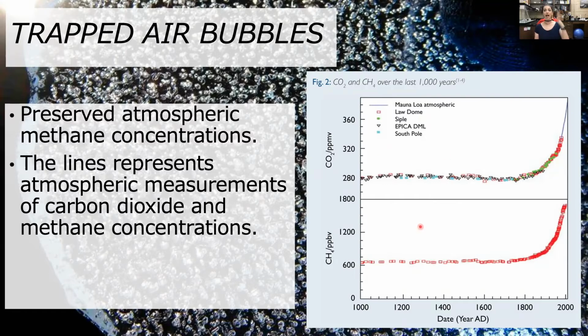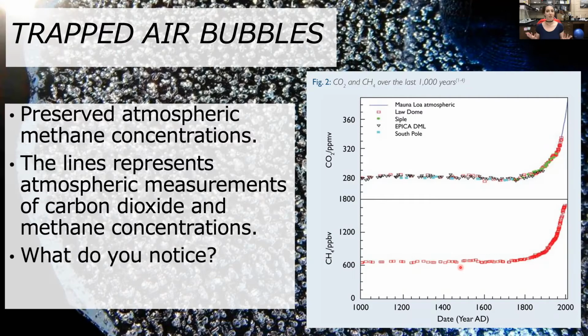Now, we're not going back in this analysis the entire 800,000 years. We're just focusing in on the last 1,000 years. So what we see here for methane is that during this 1,000 year period, we really didn't change the concentration of methane much. It hovered about 750 parts per billion.